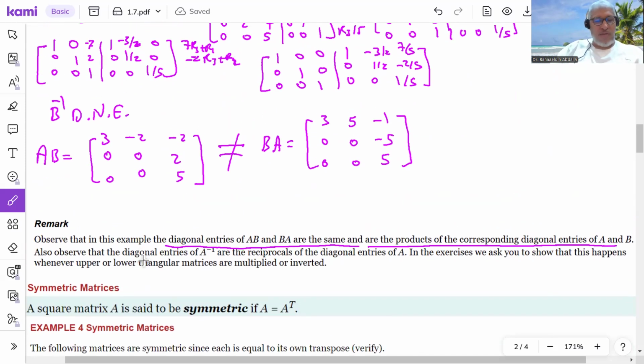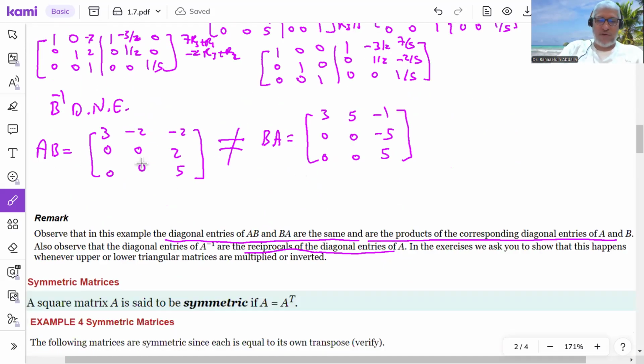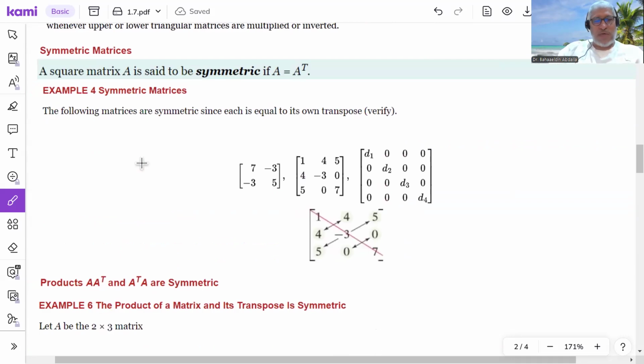And also, the diagonal entries of A inverse are the reciprocals of the diagonal entries of A. So this is 1, this is 1, this is 2, this is half, this is 5, this is 1 over 5. Okay, the third type of matrix is symmetric matrices.